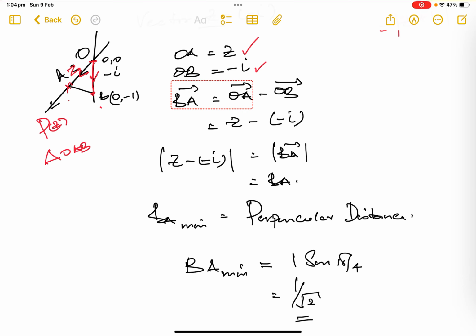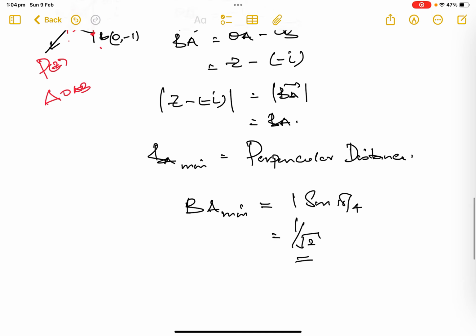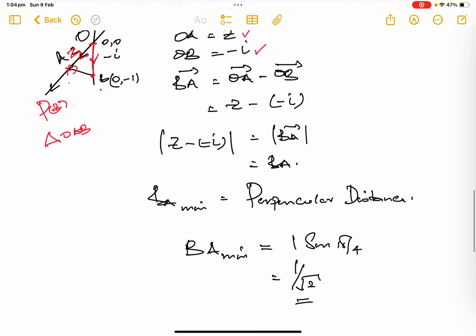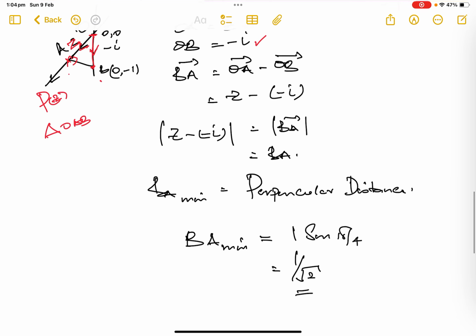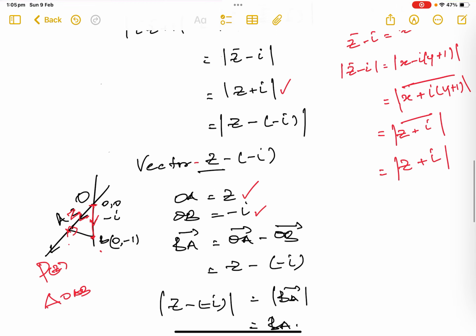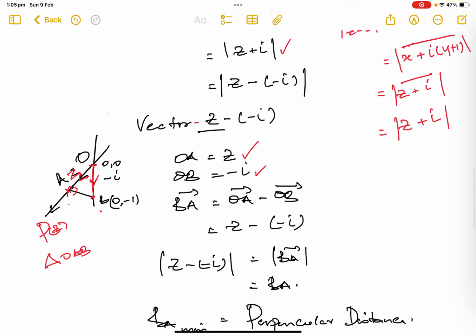Use that right angle triangle OAB, where this is 90 degrees, and this angle is pi by 4.